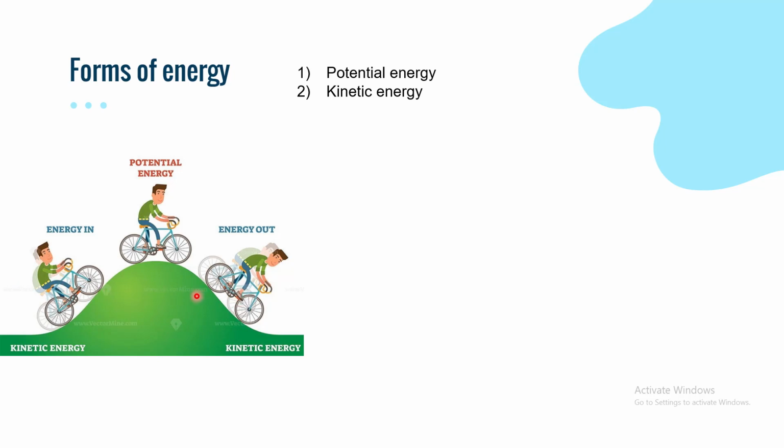Only when the boy with the bicycle is in a rest position is the energy stored in the body potential energy. So the kinetic energy is here, in this position and this position too, and the potential energy is when the boy reaches the top of the mountain.